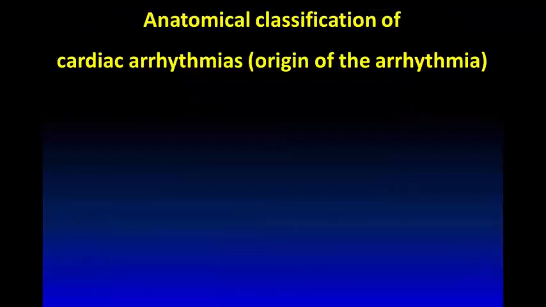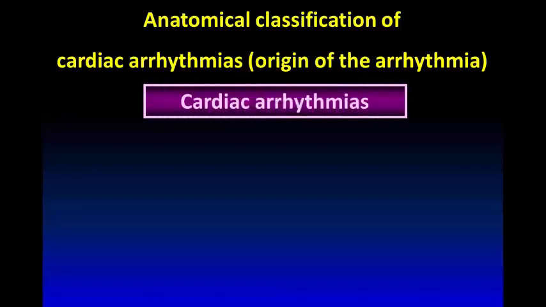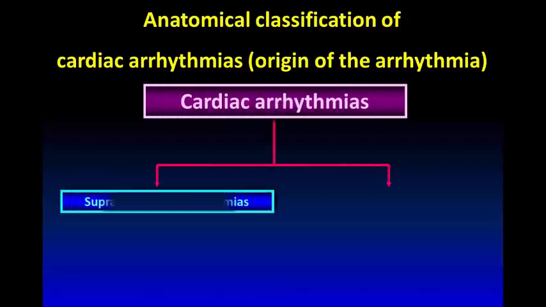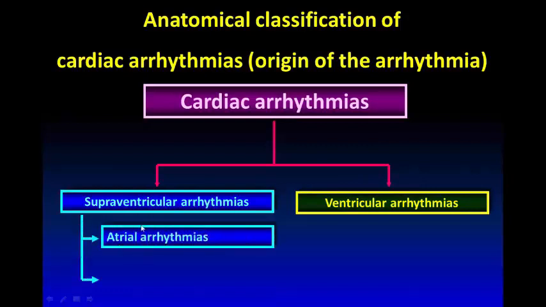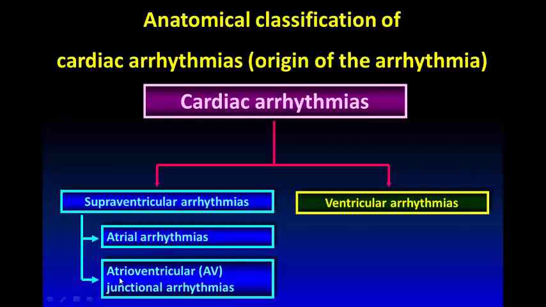Arrhythmias can be also classified based on the origin, and this is what is known as the anatomical classification of the arrhythmia. Based on the origin, arrhythmias can be classified into supraventricular arrhythmias and ventricular arrhythmias. The supraventricular arrhythmias are further subclassified into atrial arrhythmias and atrioventricular AV arrhythmias, which are also known as junctional arrhythmias.